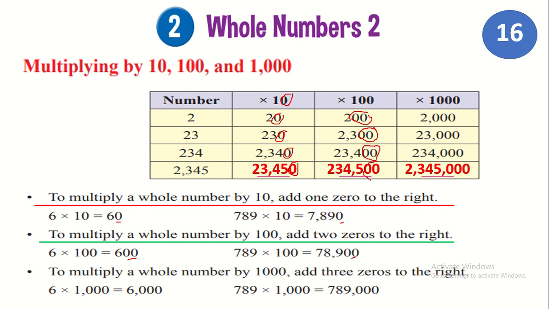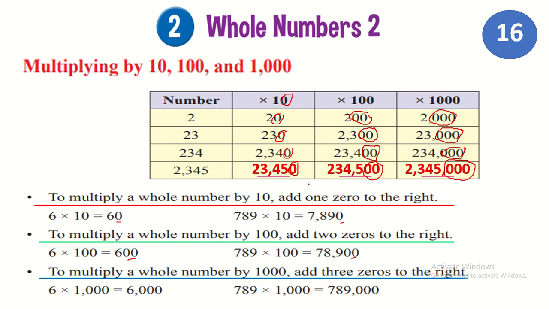And for the last, if you multiply a whole number by 1000, add 3 zeros because 1000 has 3 zeros. In the chart you can see 3 zeros.